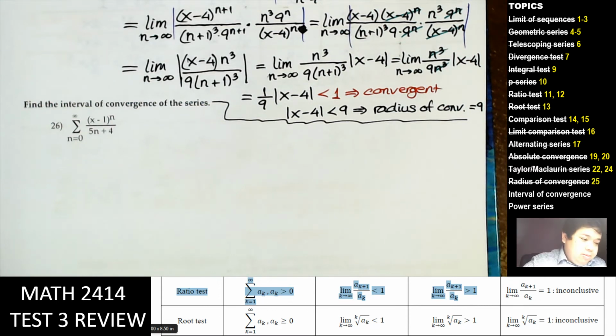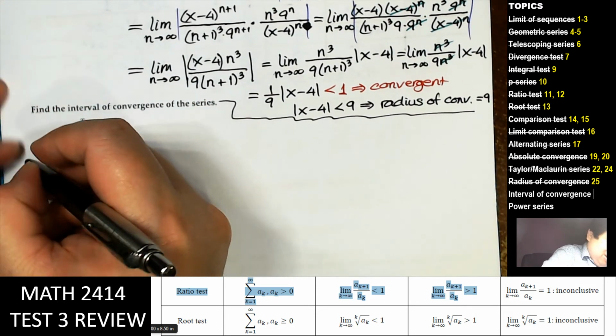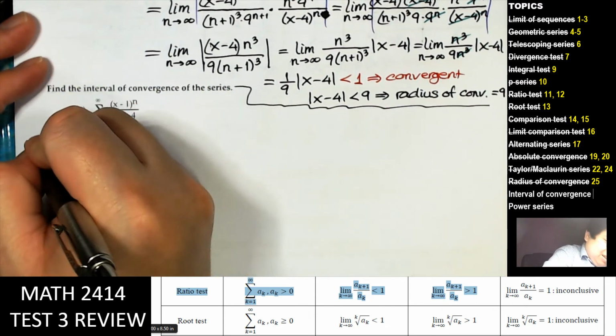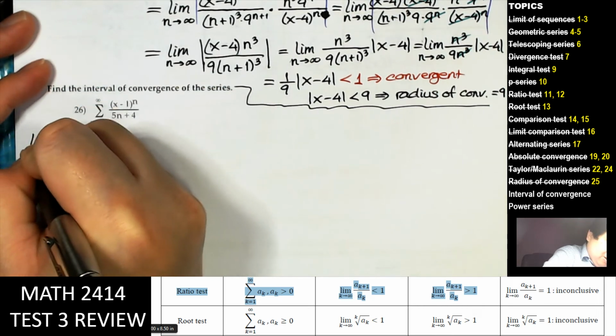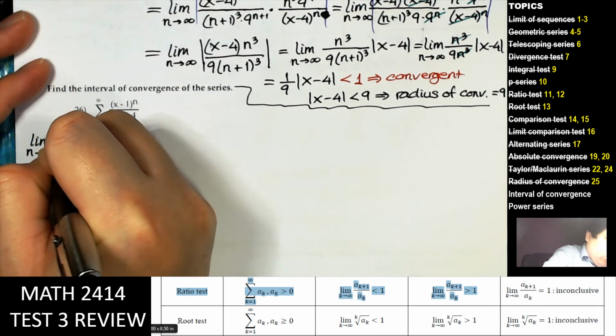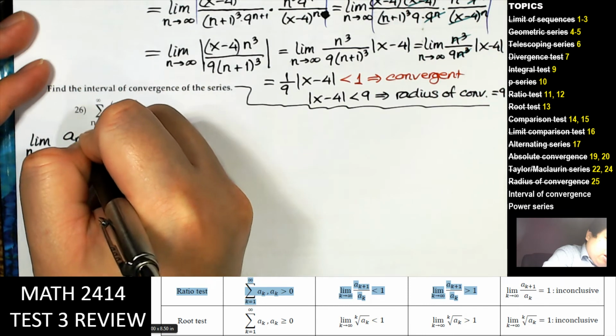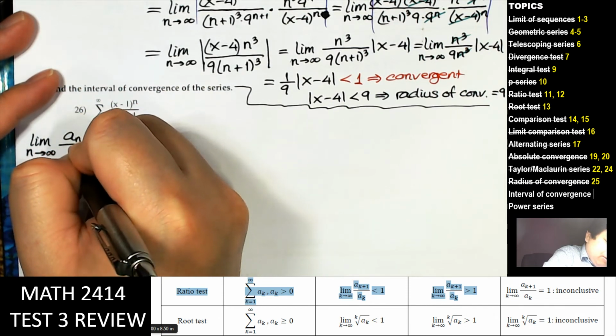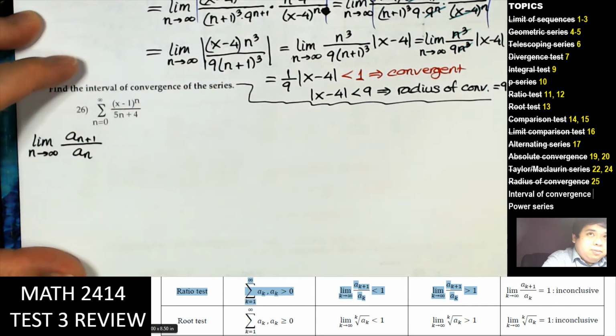Interval of convergence. Right, number 26. It might take a little more space, so I try to write extremely small here. First we take the ratio of the next term over this term.